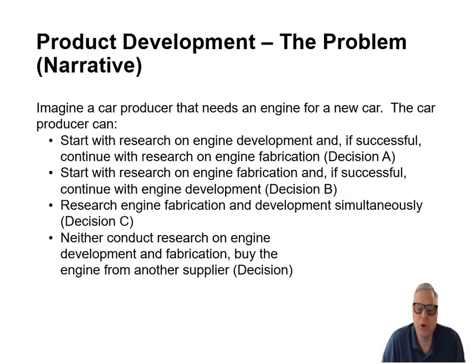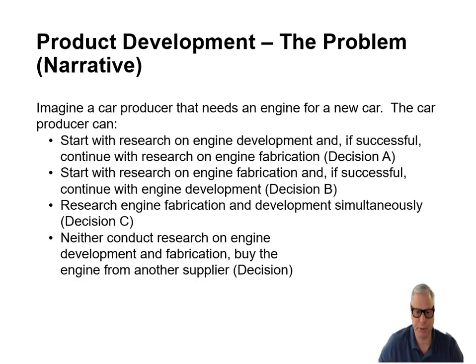And the car producer can either start with research on engine development and, if successful, continue with research on engine fabrication. That's decision A. It could also start with research on engine fabrication and, if successful, continue with engine development.